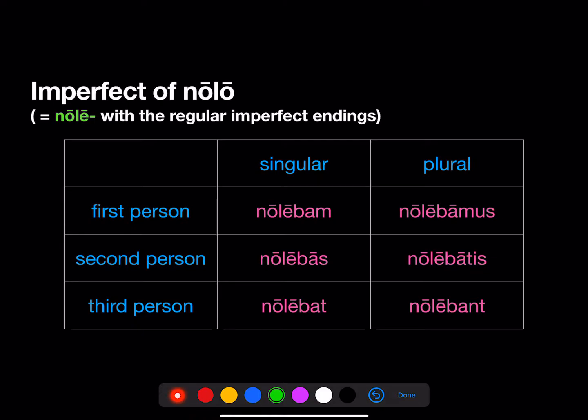And as you might expect, nolo follows volo. So again, the regular bam, bas, bat, bamus, batis, bant endings, but now with nole in front. So I was not wanting, you were not wanting, he was not wanting.